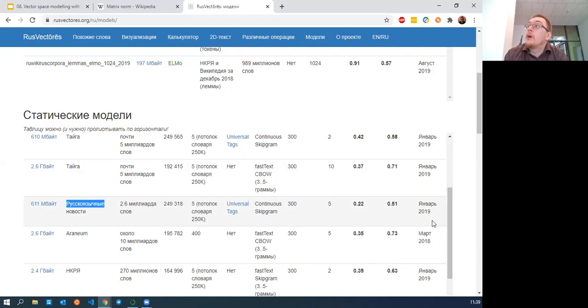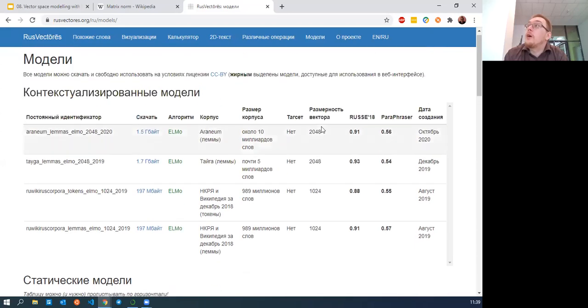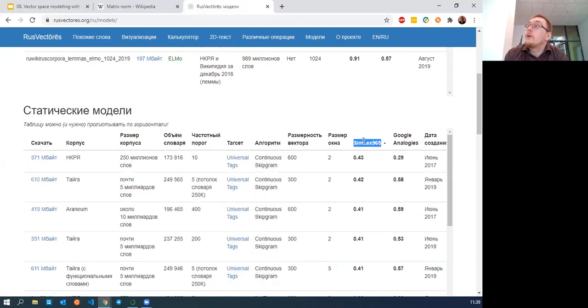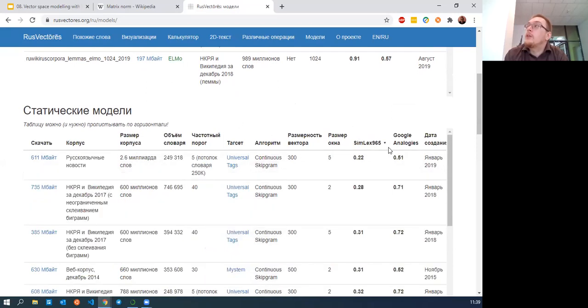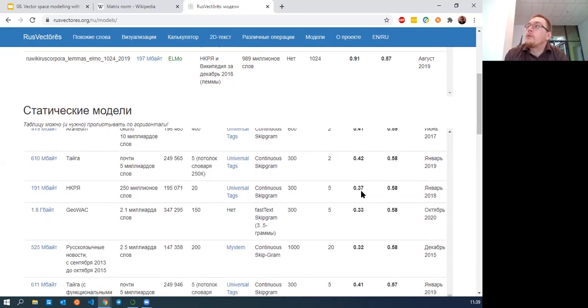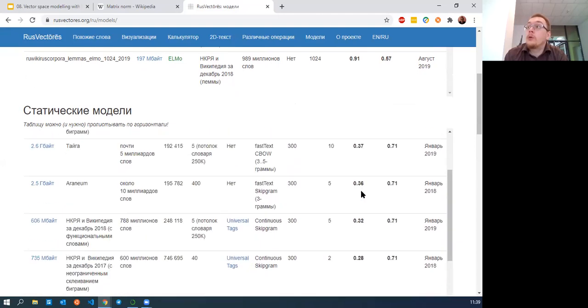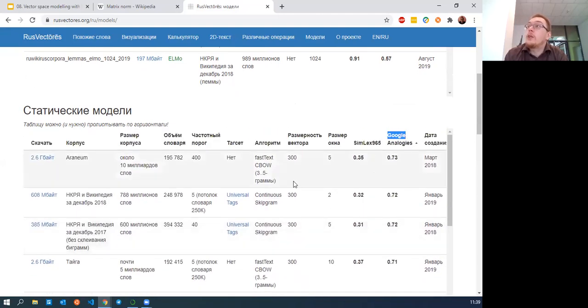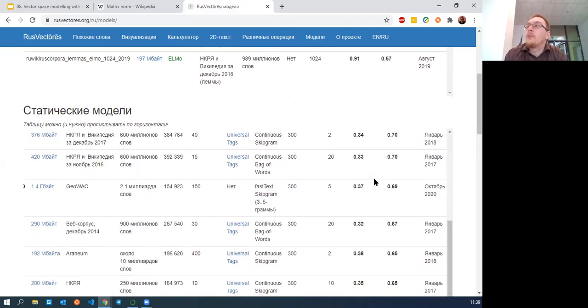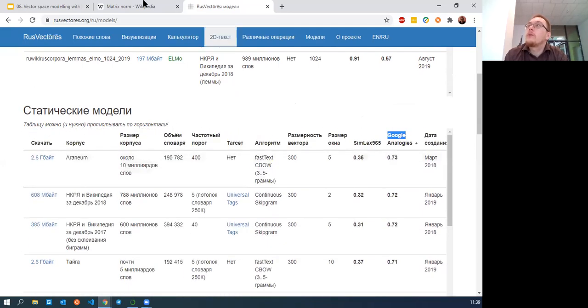We can go here and see different results: similarity, lexical similarity, and Google analogies. So these are numerical results for these things. If you want to see which models are leading here, please go to RusVectores. It's the best place to learn about different models applied to the Russian language. It's a project very tightly connected to the National Corpus of Russian Language.